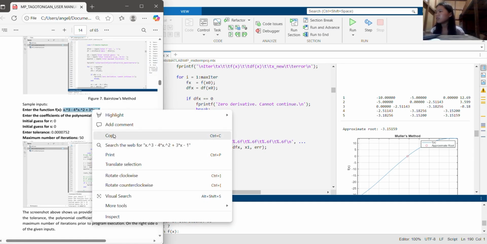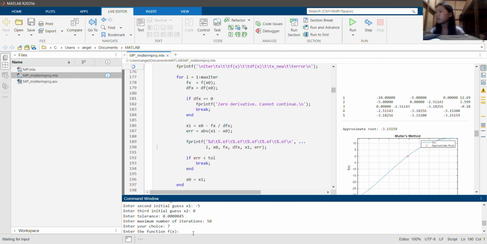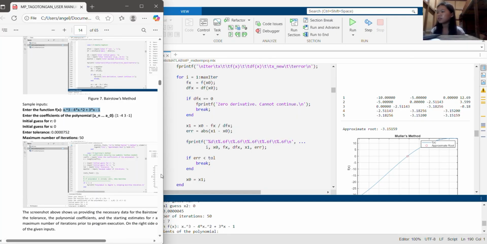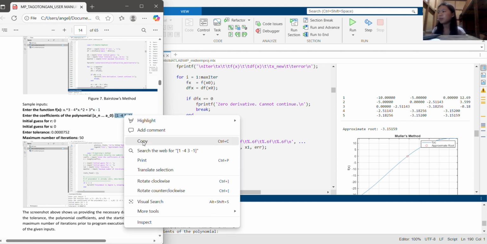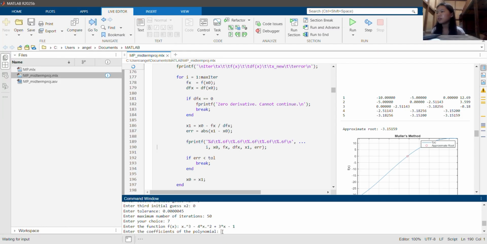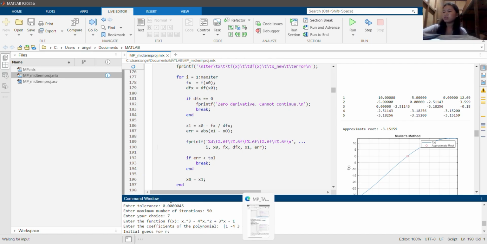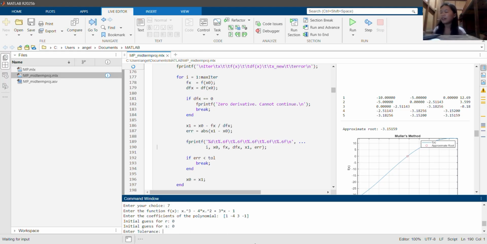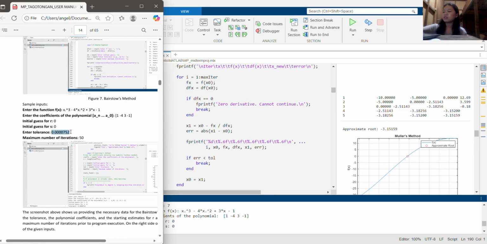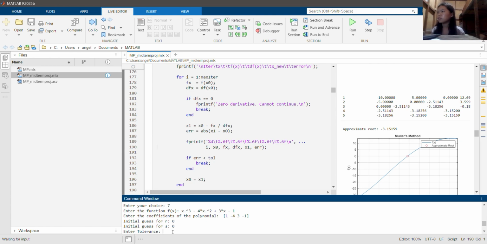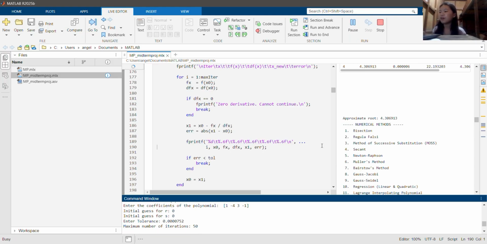So we're going to enter our function, our coefficients of the polynomial, which can be determined from the function we've entered, our initial guess for R and S, which is 0, and the tolerance, which is 0.0000752.